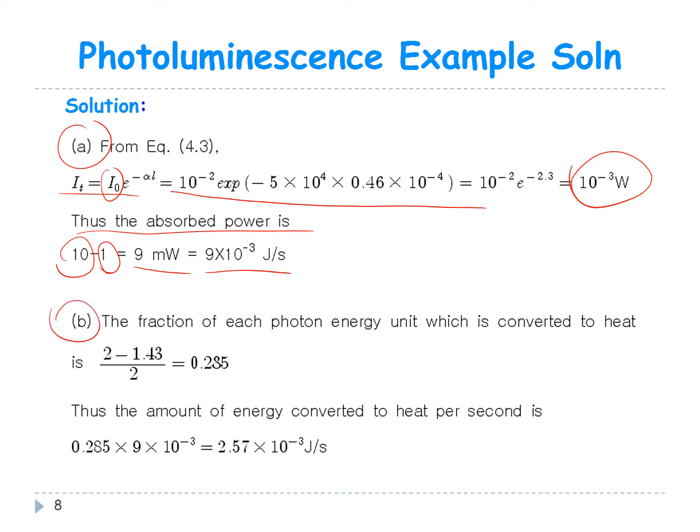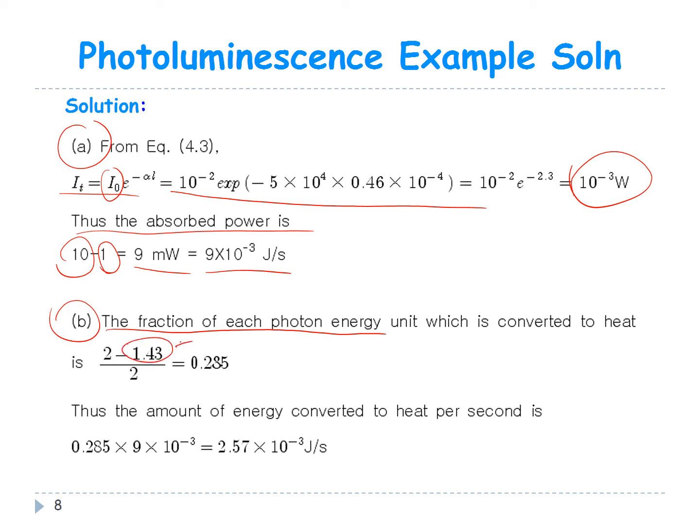Now the second question asks the amount of energy that is converted to heat per second. So to do that, we start by calculating the fraction of each photon energy unit which is converted to heat. We have 2 electron volts incident, but the one that is emitted is 1.43.